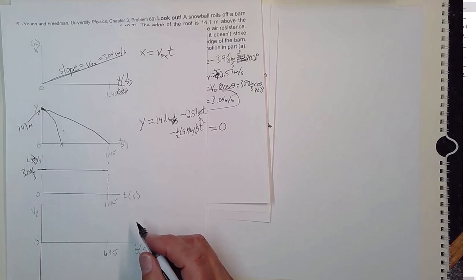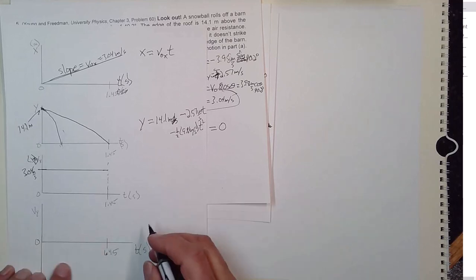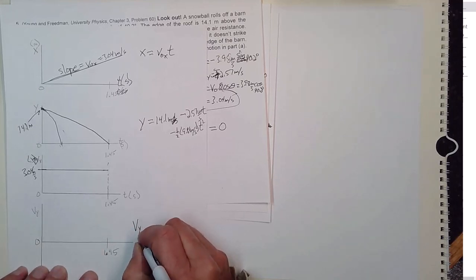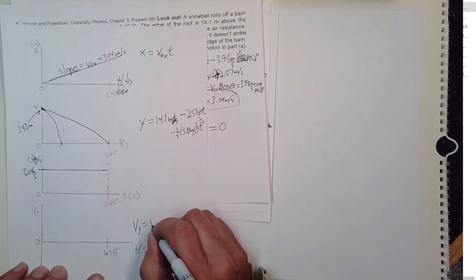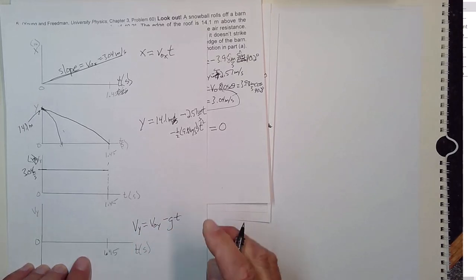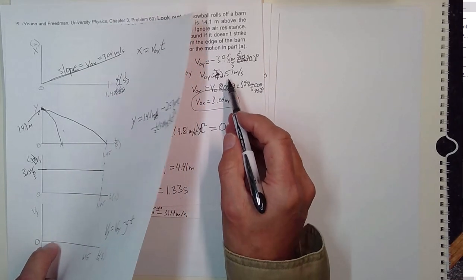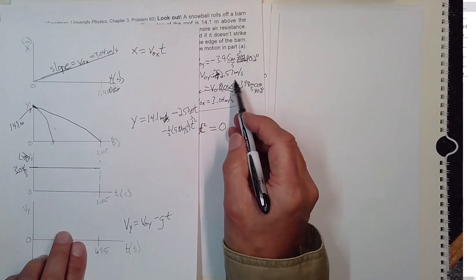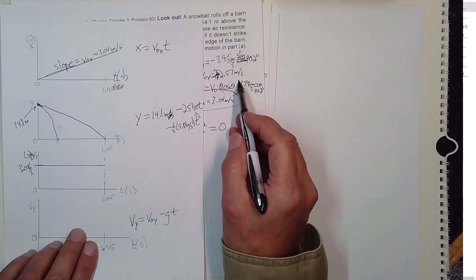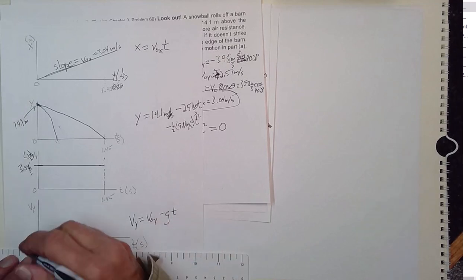Okay, and then the v sub y versus t. What's that graph going to look like? Well, it starts off negative. If I write down v sub y, it's going to equal v naught y minus g t. We didn't bother to figure out how fast it was going when it hit the ground, but its initial value is minus 2.57 meters per second. So that's where we'll start.